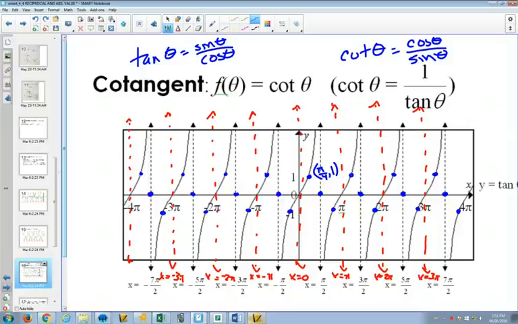So now we've got points that are 1 and negative 1 staying the same, and we do have this point at the asymptotes before, which will be 0. Your cotangent graph looks like a tangent graph going the other way.